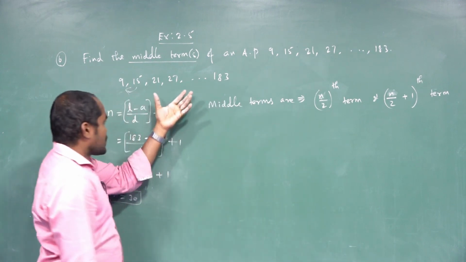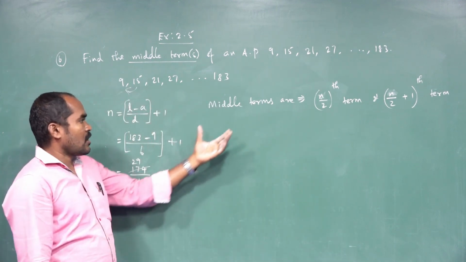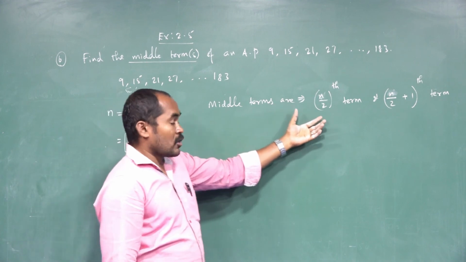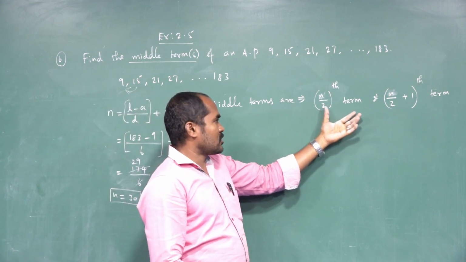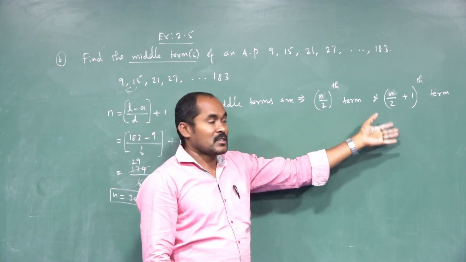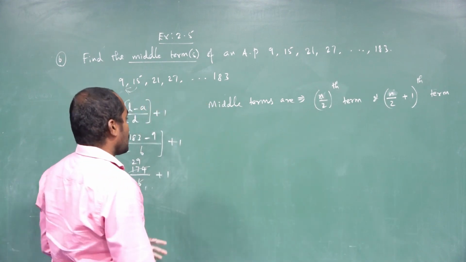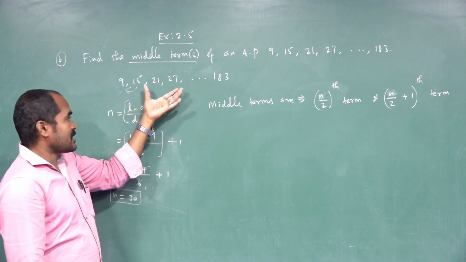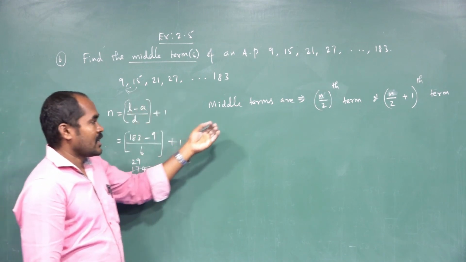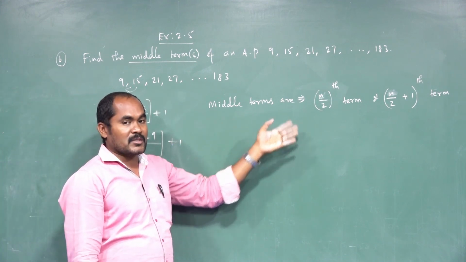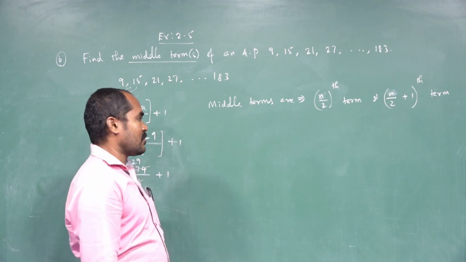If the given sequence contains an even number of terms, there are two middle terms, the n by 2th term and the n by 2 plus 1th term. Suppose a sequence contains an odd number of terms, then the n plus 1 by 2th term is the middle.